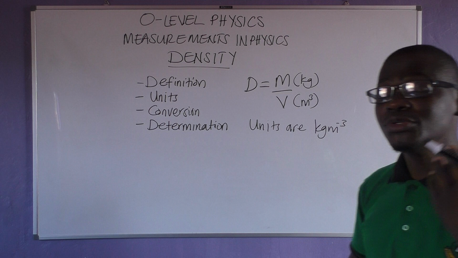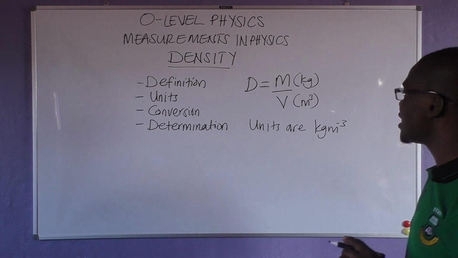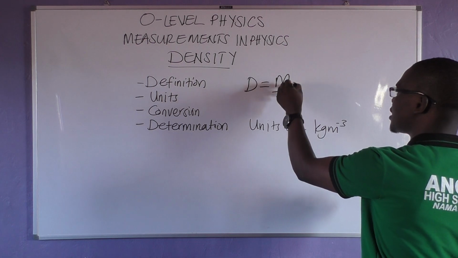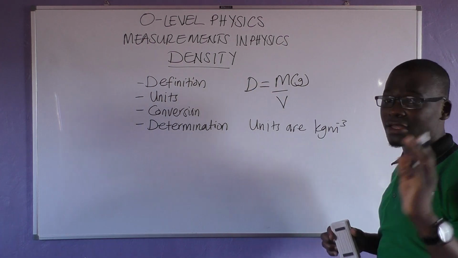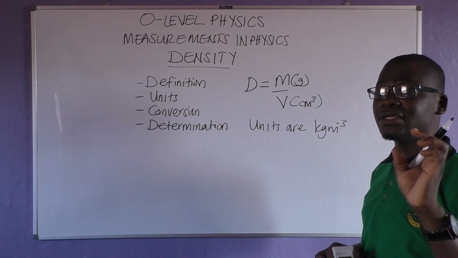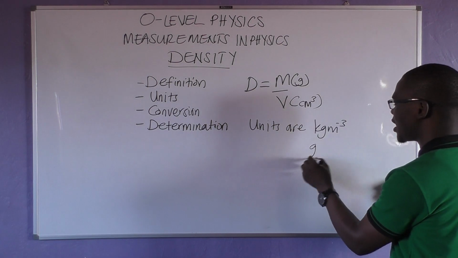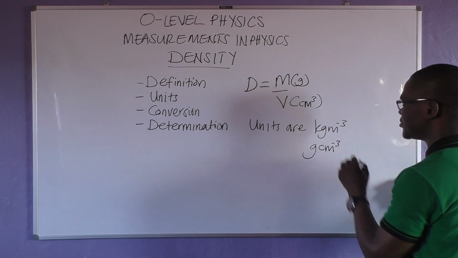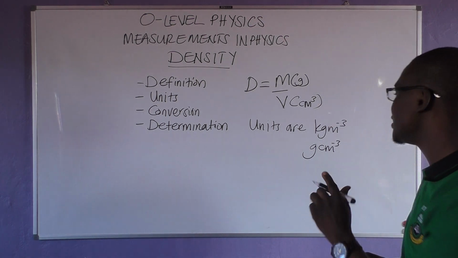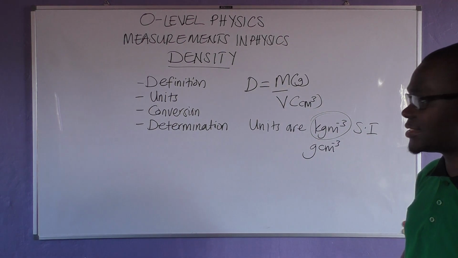However, we can also measure density using other units. For instance, we can measure mass in grams and volume in centimeters cubed. That gives us another unit of density, which is grams per cubic centimeter. So those are the two major units of density, and kg/m³ is the SI unit.